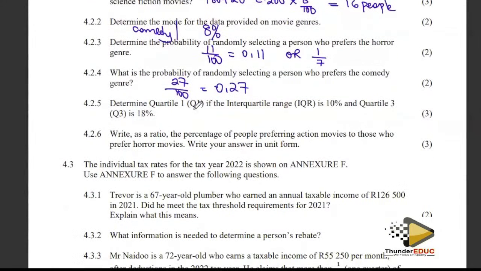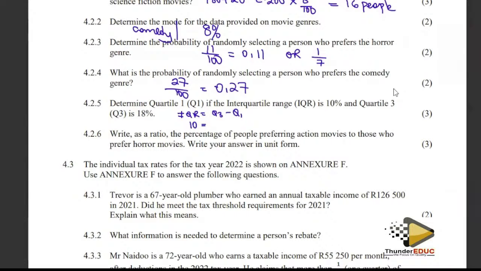Question 4.2 talks of determine the quartile 1 if the interquartile range is this, and we've already done this. So you know very well that interquartile range equals Q3 minus Q1. So you already have the interquartile range as 10.